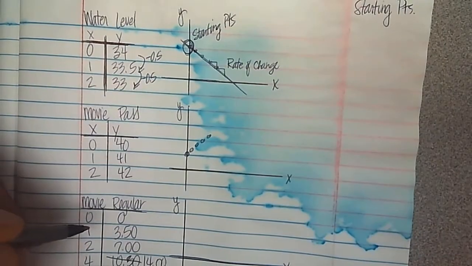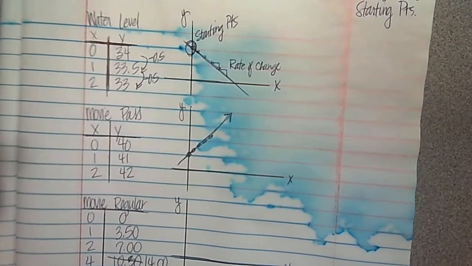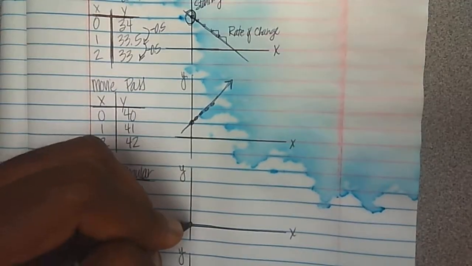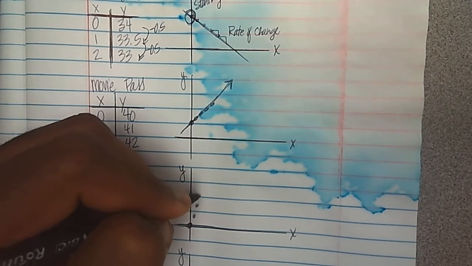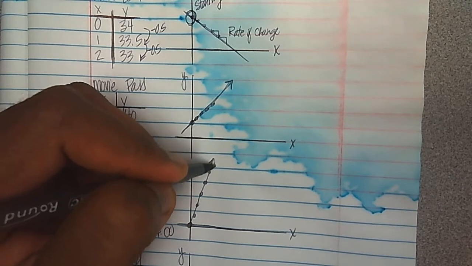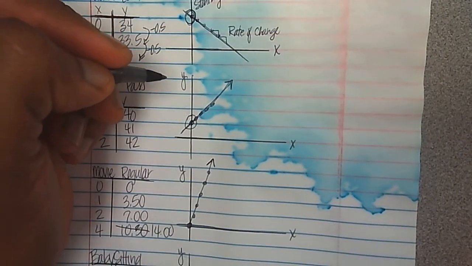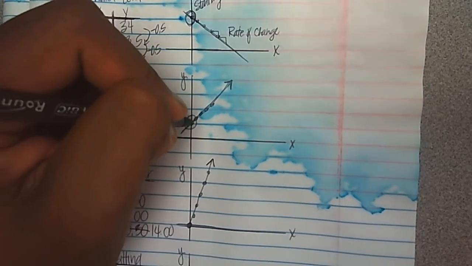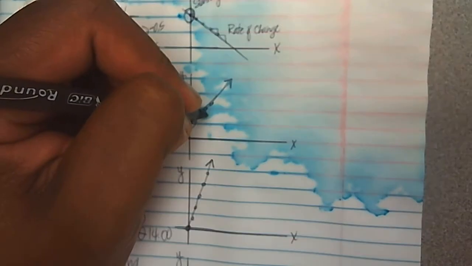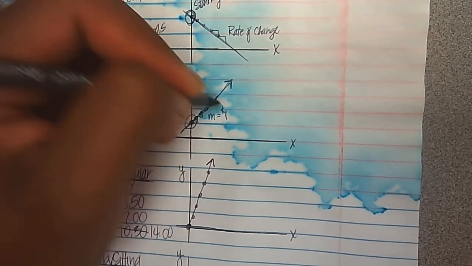Okay? So with the movie theater passes, it started at a number and it kept going. With the regular pass, it started at 0, but it was steeper. It went at a faster rate. So this is your starting point, and then this is your rate. Well, on this one, the rate was 1. So your rate equaled $1 per movie.